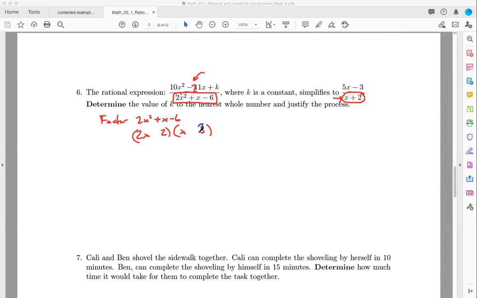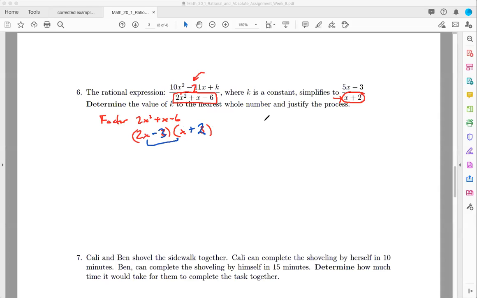I think this is going to be a 2 actually. So if we did plus here and minus here, would that work? Let's see. 2x squared. If we multiply that out, 2x times 2 is 4x. 4x minus 3x is our positive x, and we have negative 3 times positive 2. Okay, yeah, this will work.